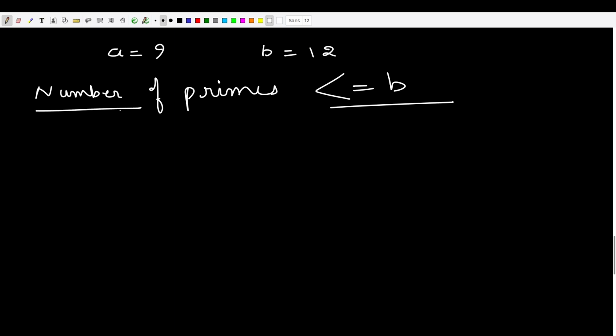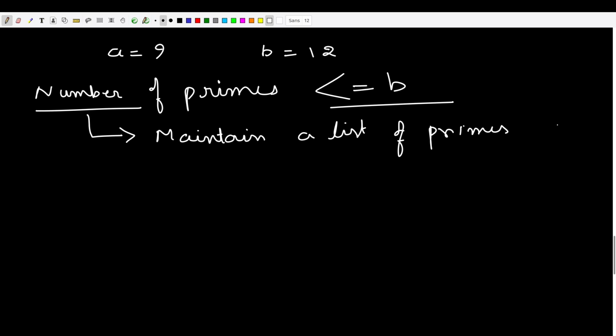Or rather than the number, we are going to maintain a list of primes less than or equal to b.